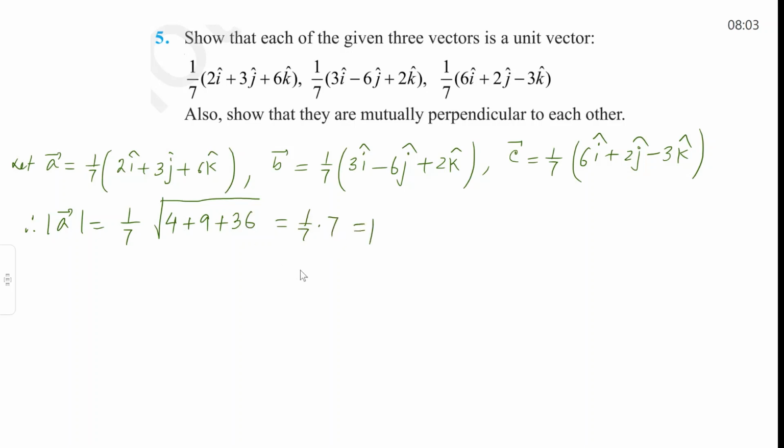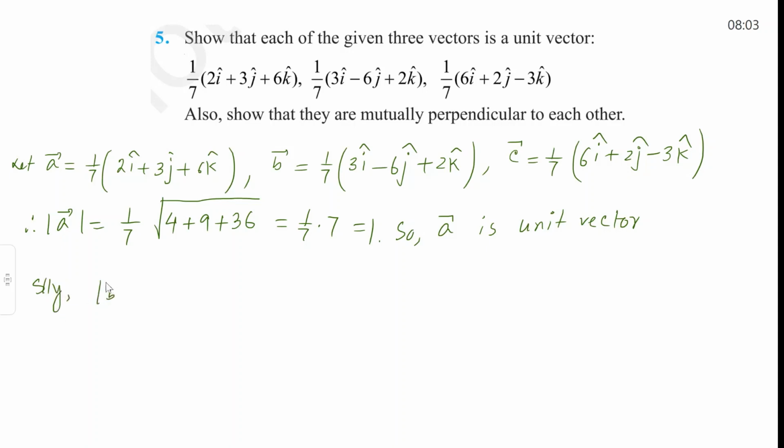Therefore A bar is a unit vector. In this way you can show that the vector B bar and the vector C bar are also unit vectors. You can show it similarly, but you are to write it in the exam.